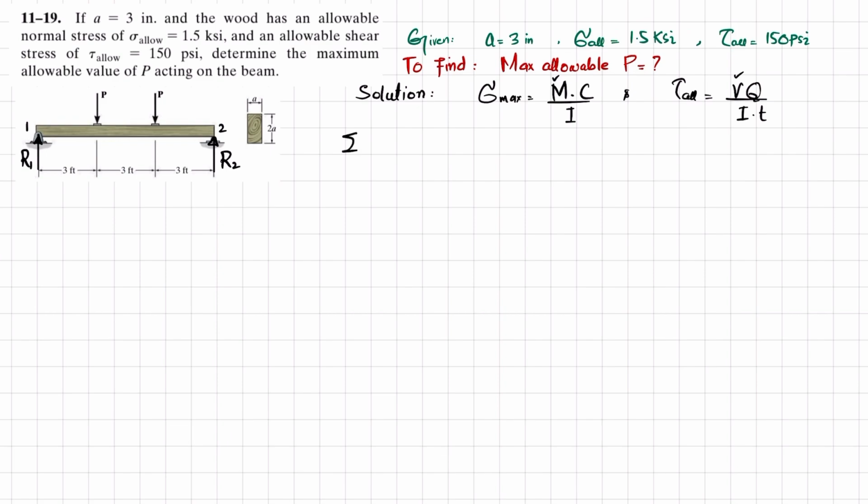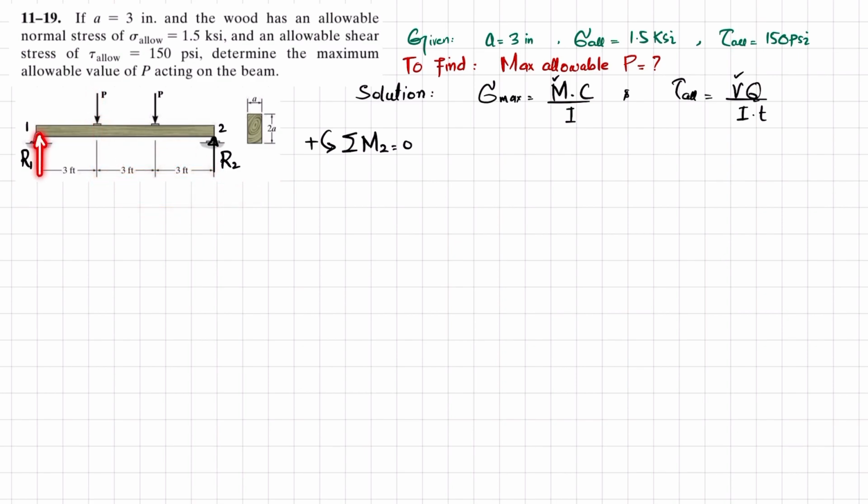Now by using the equilibrium condition that the sum of all moments about point 2 is equal to 0, and taking counterclockwise moment as positive. About point 2 we have one moment, P times perpendicular distance 3, which is counterclockwise, so it will be positive. The second moment is P times perpendicular distance 6 feet, also counterclockwise, so positive.